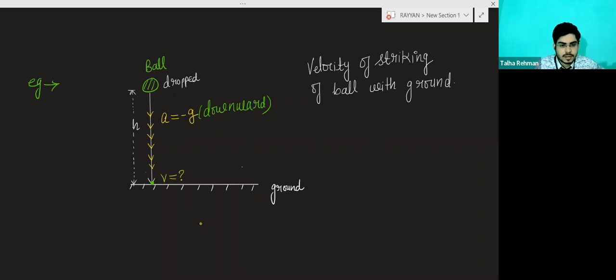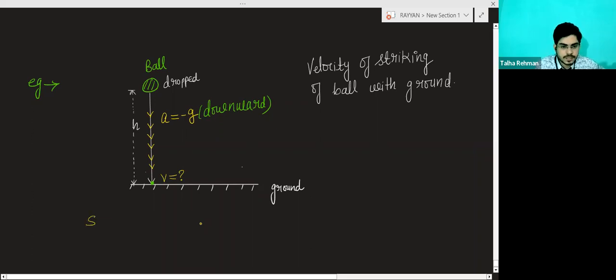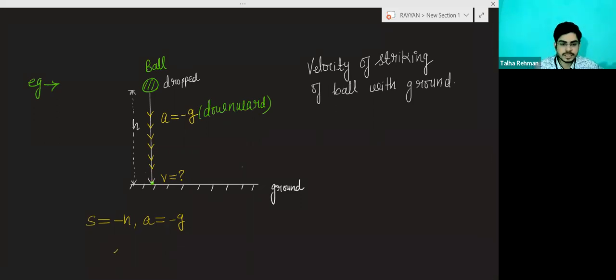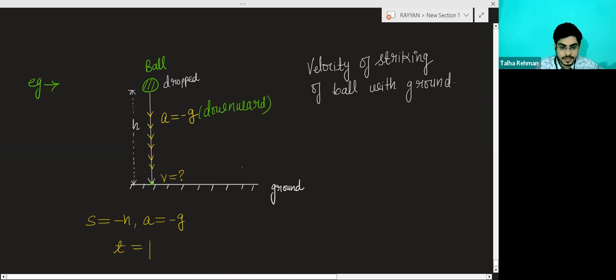First of all, displacement of the body is minus h, because the displacement is in the downward direction, and acceleration of the body is minus g. One more thing is given, that is time. Time is given as root of 2h/g, just calculated above.